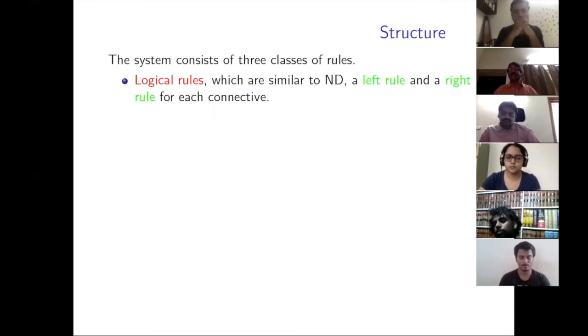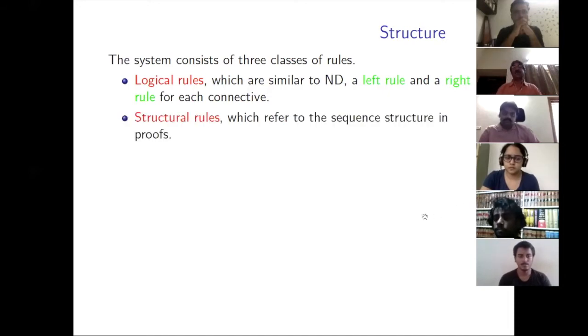In natural deduction, where you had an introduction rule and an elimination rule, here you have a left rule and a right rule for each connective. Because you have sequents, there is a left-hand side and a right-hand side. So you have rules that say, I want to have this, so these rules are all introduction rules in that sense, introducing on the left or introducing on the right.